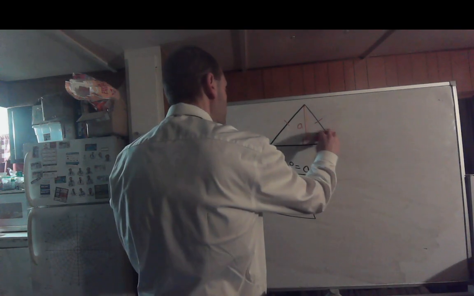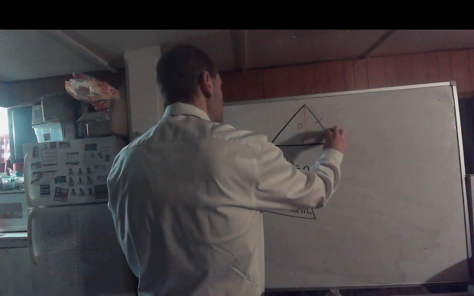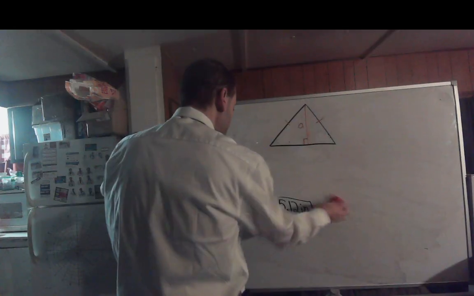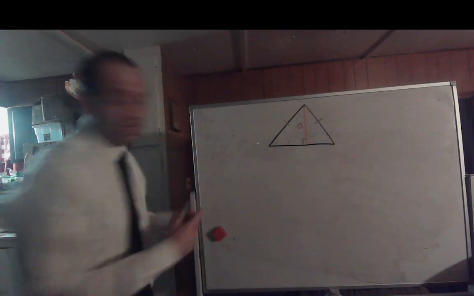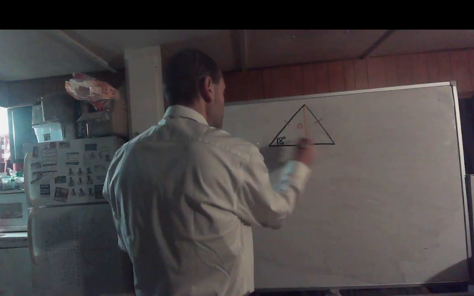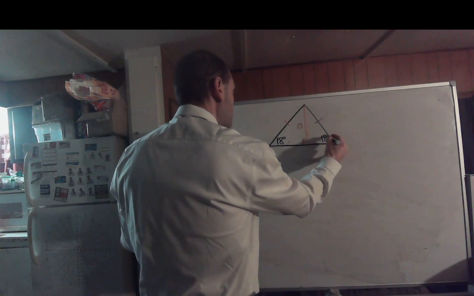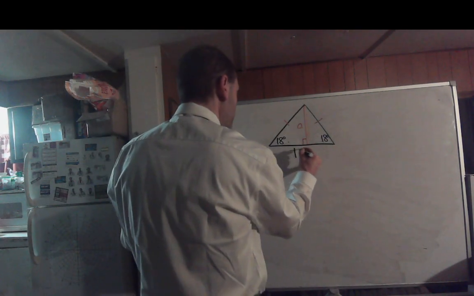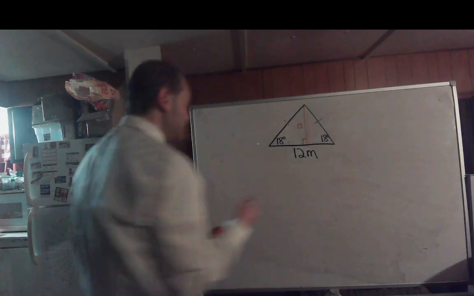I'll keep the altitude markers up. We might as well, because I'm just going to go based off the same triangle. Let's see what we got here. Theta is 18 degrees. The base has a length of 12 meters. That's for the whole base.